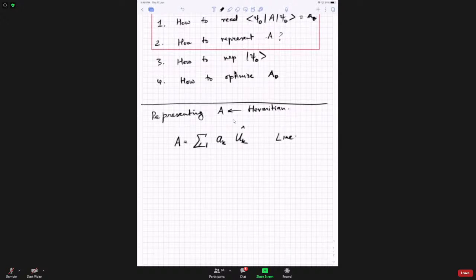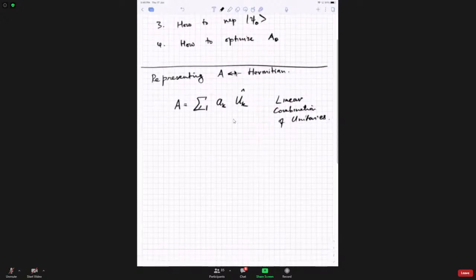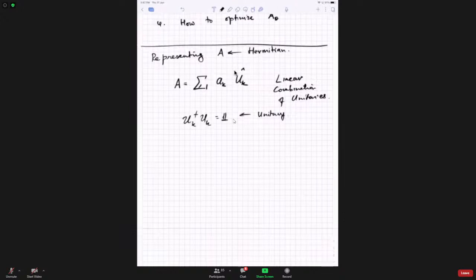This is what is called a linear combination of unitaries, because these U_k are unitary operators, in fact Hermitian unitary operators. If they're not, you need the dagger as well, which is not a problem, but in the simplest case I'm discussing now, they are Hermitian unitaries, and the a_k are real numbers.